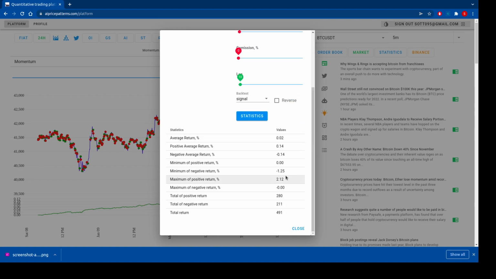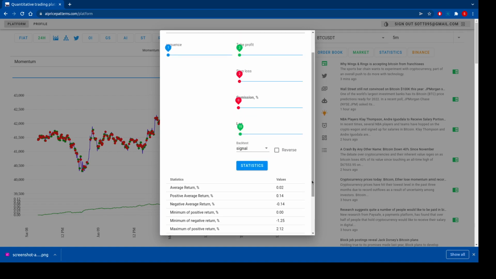I'm looking for a positive average return, and I'm looking for positive returns that could be more than negative returns, and I see a positive mathematical expectation, and I could use it.